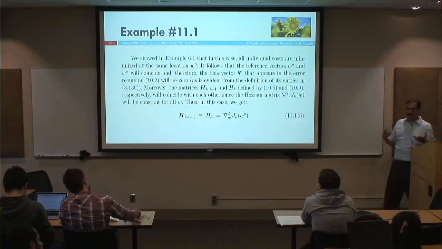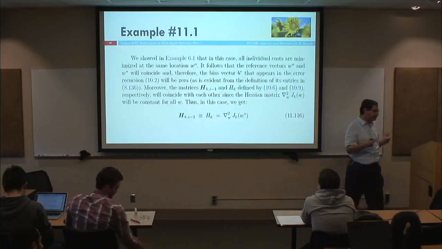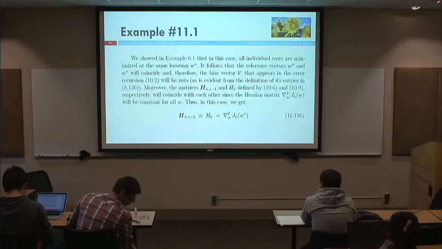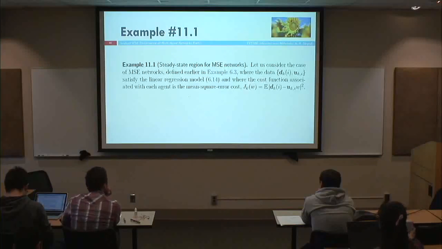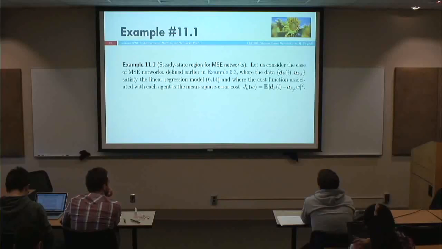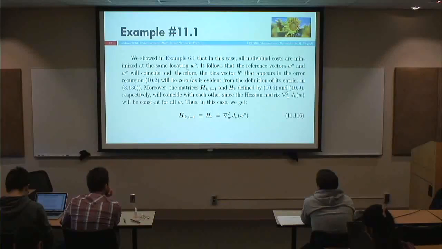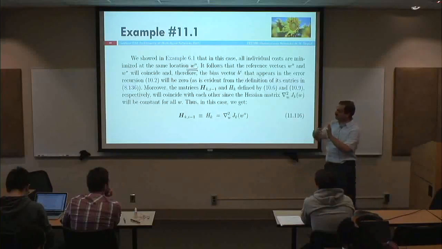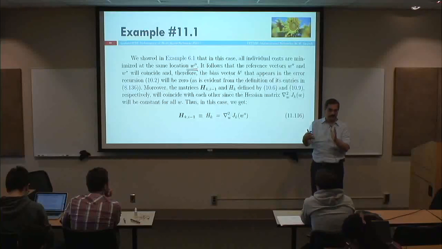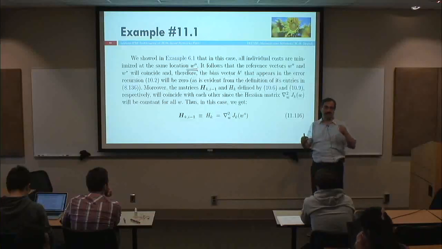In the mean square error case, if the data comes from a linear model, the omega star will coincide with omega 0, correct?